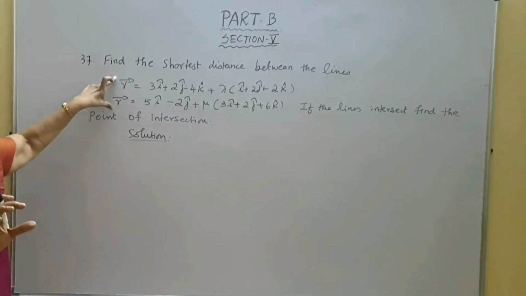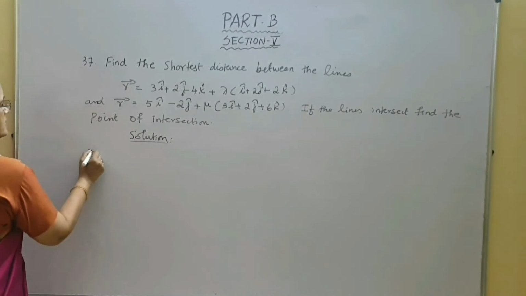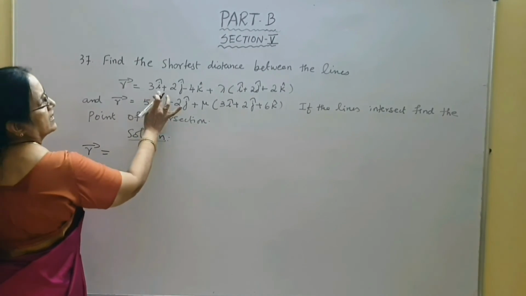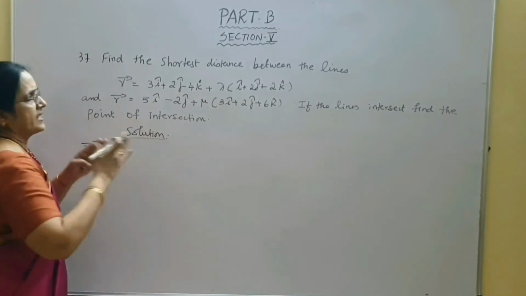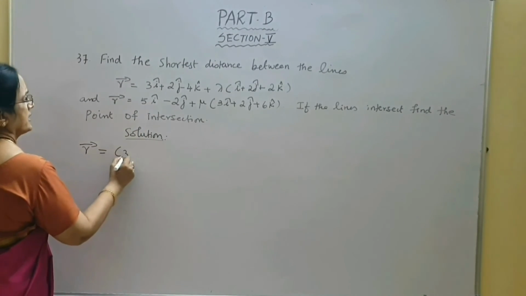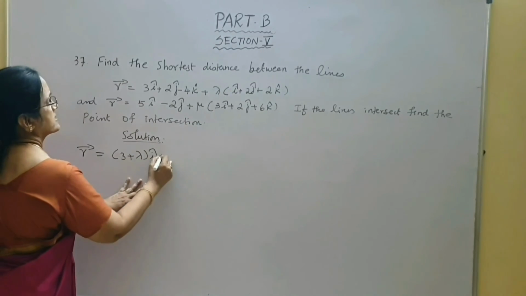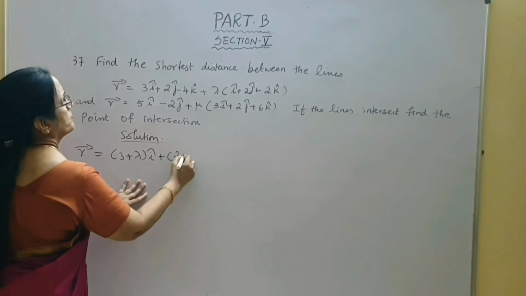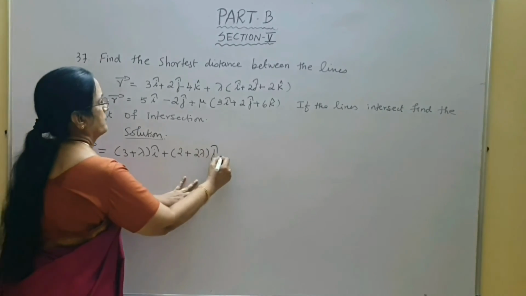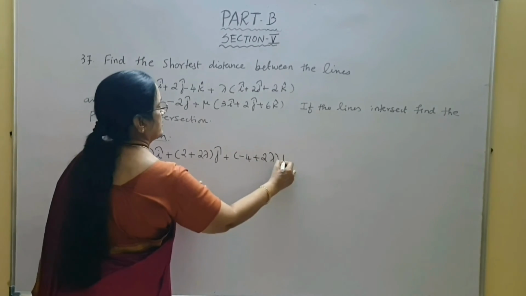Now we can write these two equations as: r vector is equal to, you can collect the like coefficients, you will be getting it as (3 plus lambda) i cap plus (2 plus 2 lambda) j cap plus (minus 4 plus 2 lambda) k cap.